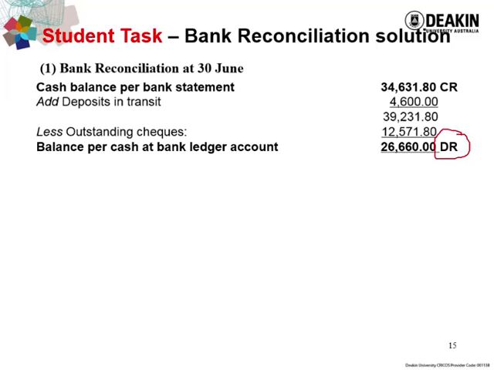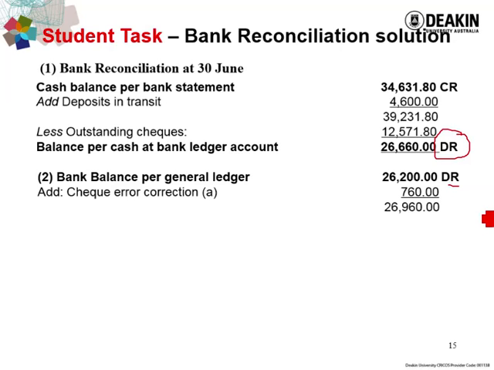In the second requirement, we need to update our cash at bank ledger account. So we start with bank balance per general ledger 26,200 debit. Because we have over recorded our shipping expense by 760, we need to add this amount back to our cash account. So add check correction error 760.